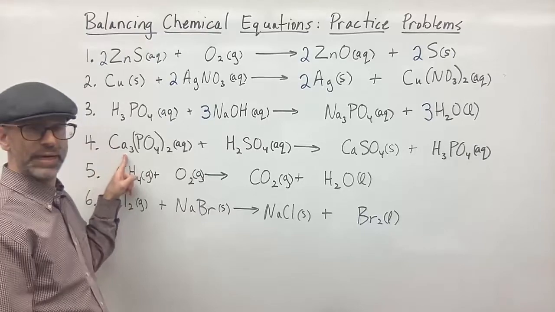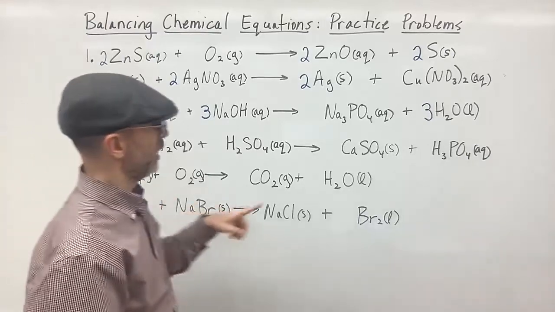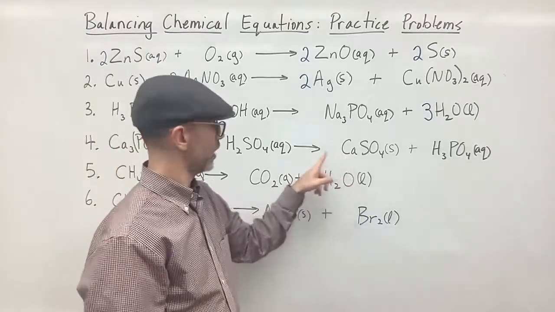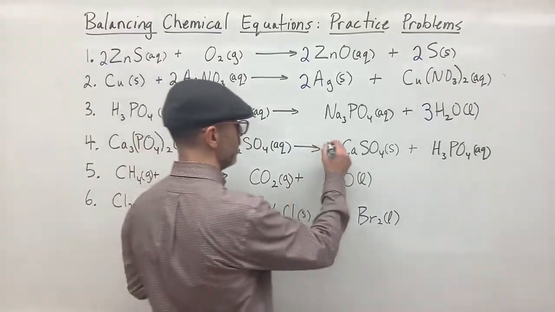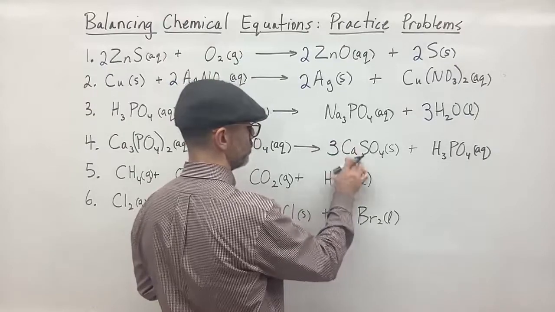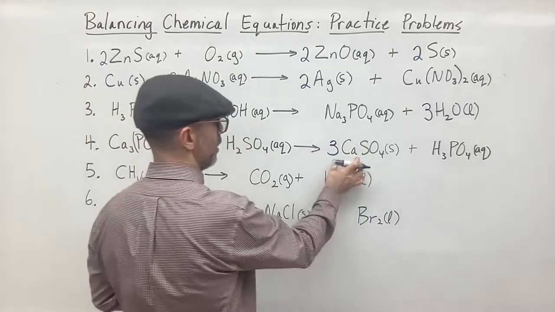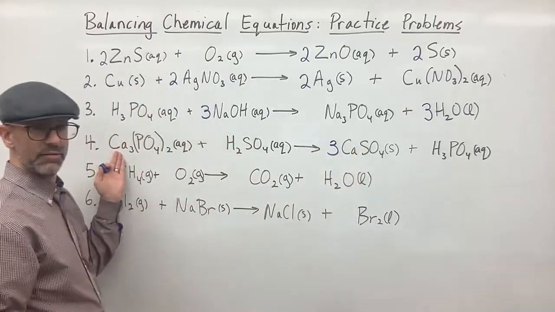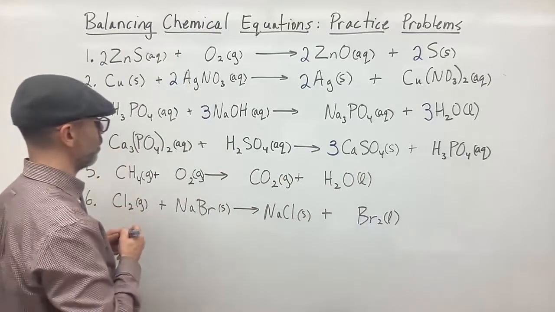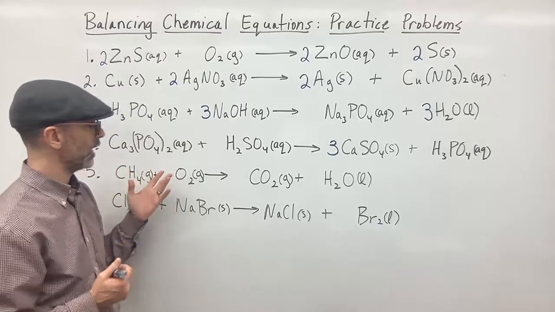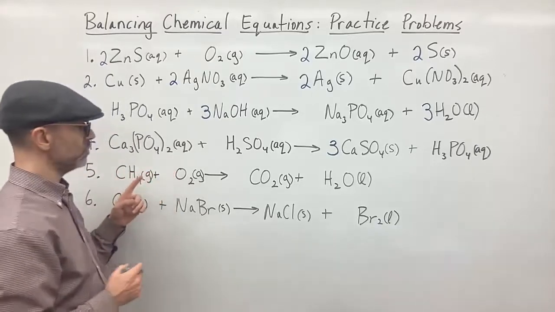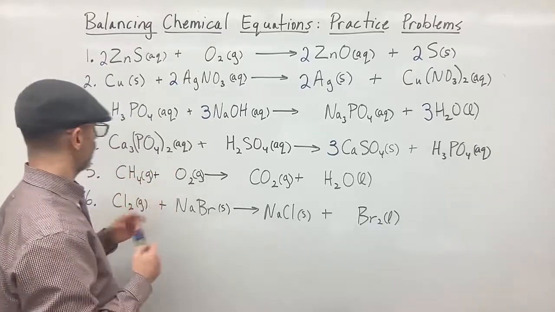So here I have 3 calcium atoms, and here I only have 1. So I'm going to need something as a coefficient. So I'm going to put a 3 here because 3 times 1 gives me 3. So now I have 3 calcium and I have 3 calcium. So calcium is now balanced. That's the only metal I need to worry about.